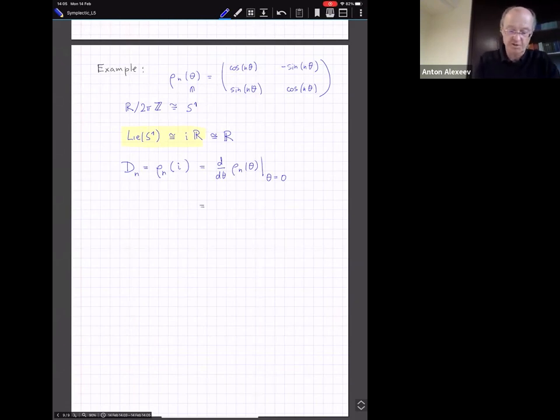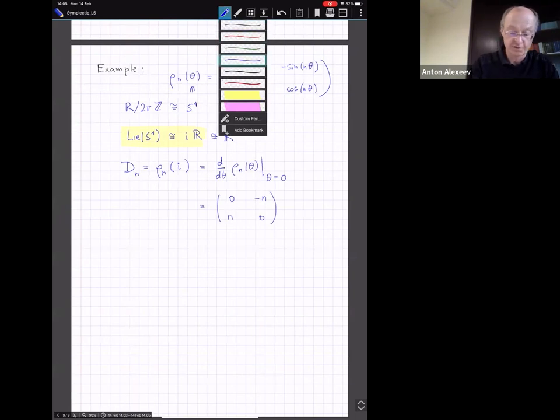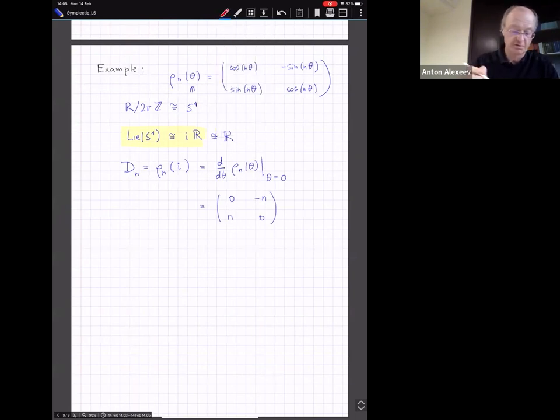So, of course, that's a very easy computation. It gives 0, minus n, and 0. So this is an example of a representation now for a Lie algebra. And if here I introduce ix, then there would be an x. So this is our representation of the Lie algebra of S1 acting on our two-dimensional representation with index n.